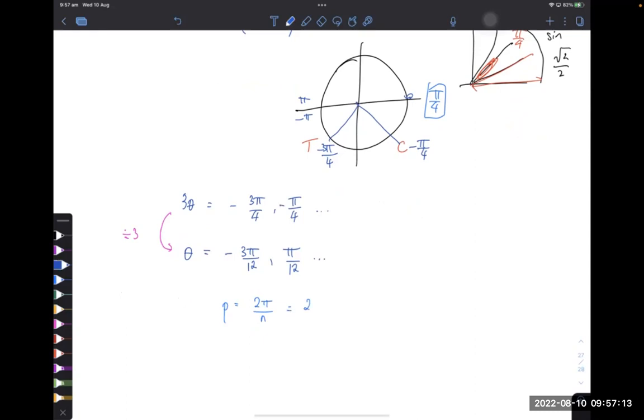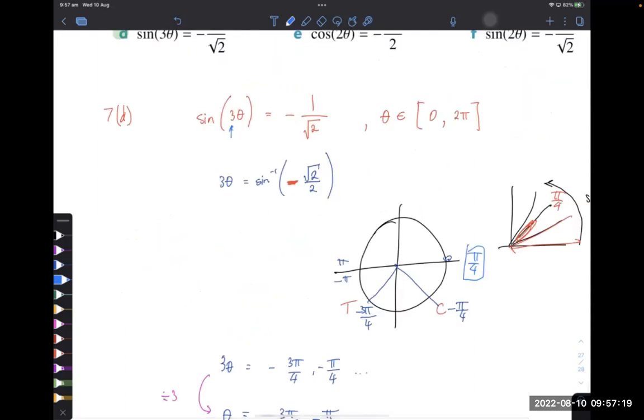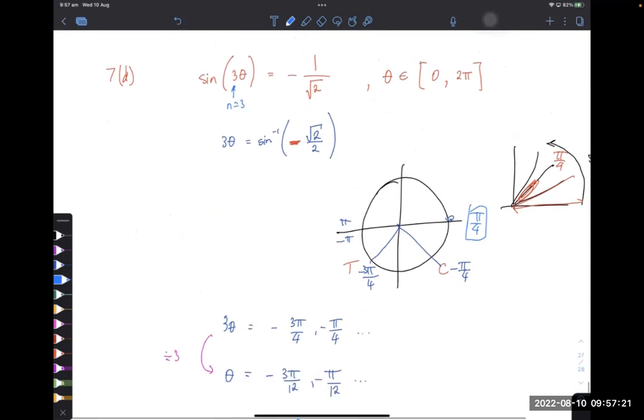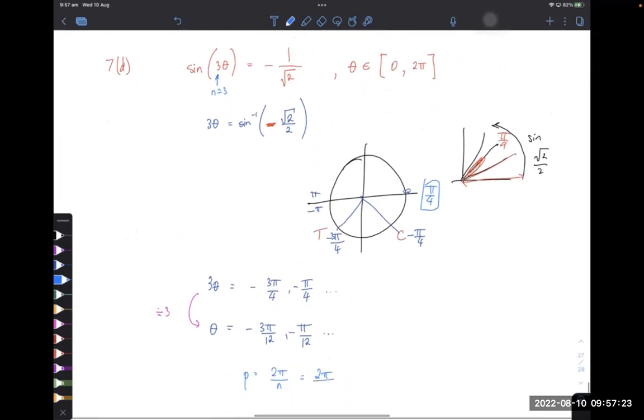Our n here, if I go back to the top, is n equals 3. So we've got 2 pi on 3. However, I want to write that over 12. So multiply the top by 4, multiply the bottom by 4. I get 8 pi on 12. That's my period.